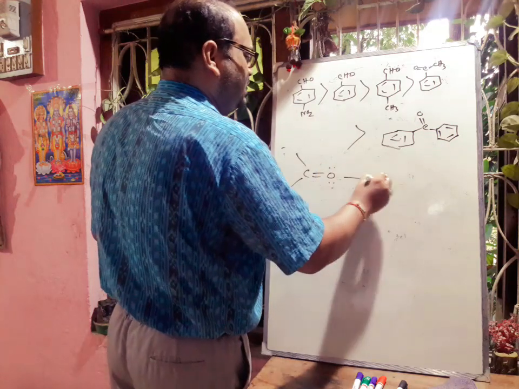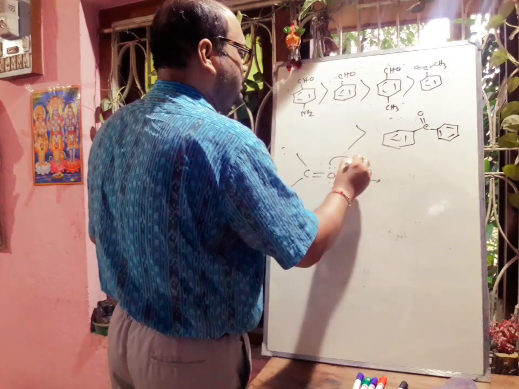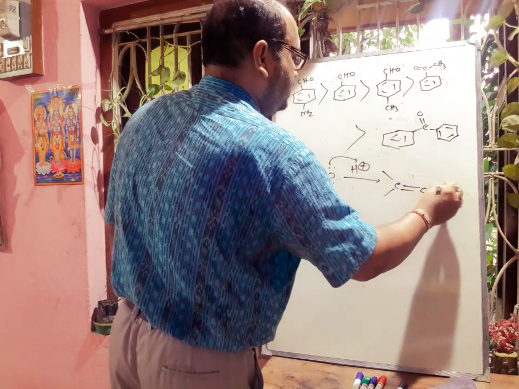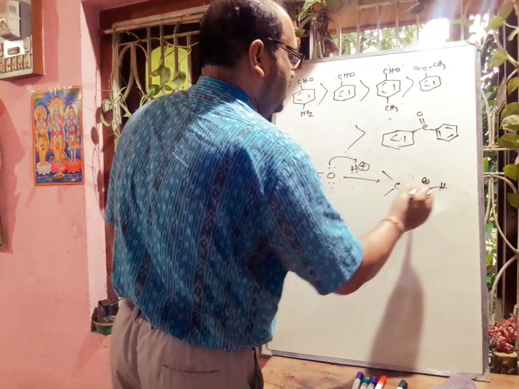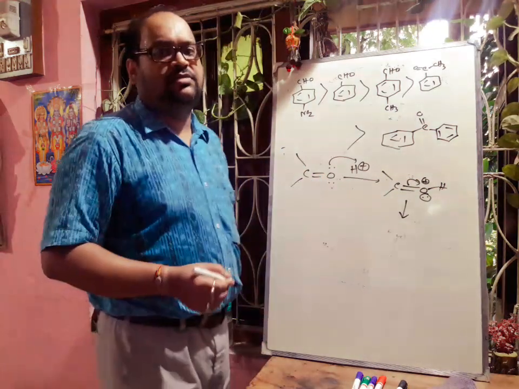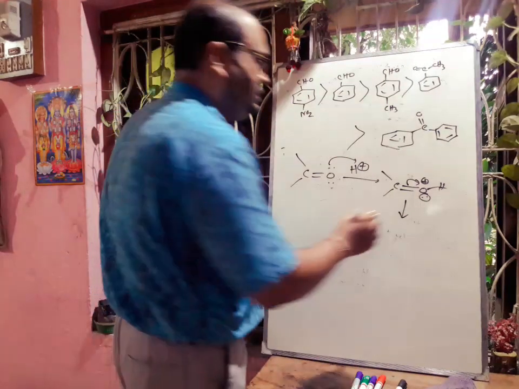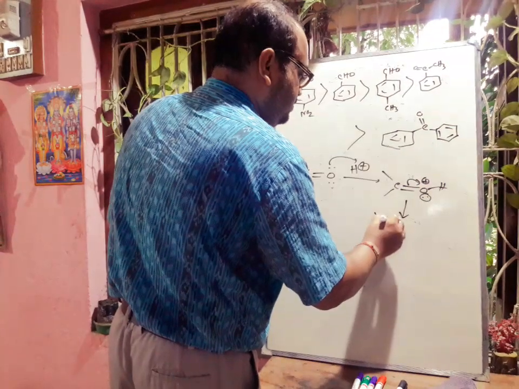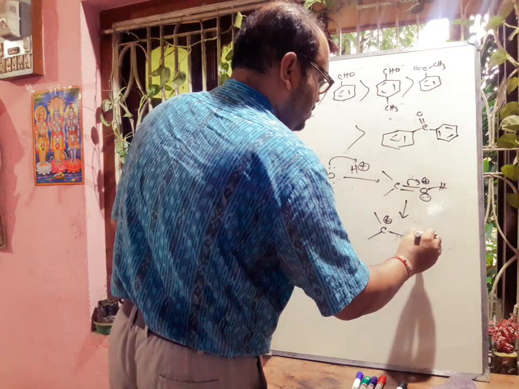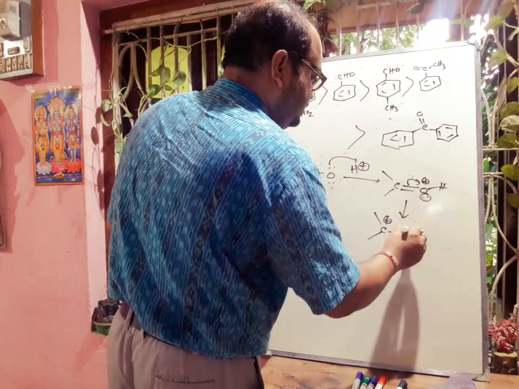Here a lone pair is there, so this lone pair will accept this proton and the oxygen will be protonated. And in the next step there will be shifting of this pi electron out towards oxygen, giving C plus and OH.